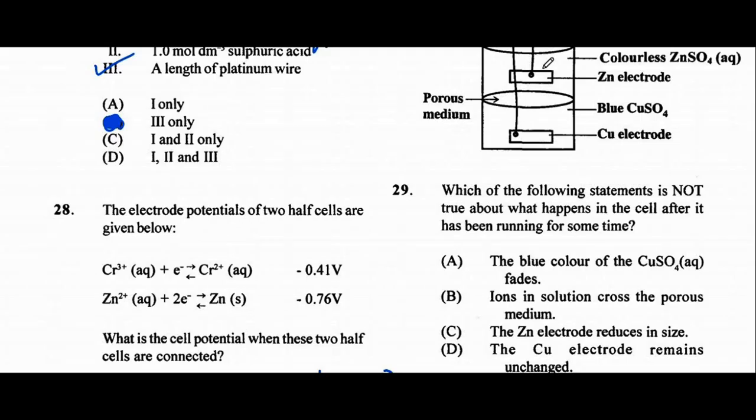Yes, the zinc electrode reduces in size because it's oxidized, and D, the copper electrode remains unchanged. 29 is D, that's not true. The copper electrode will not remain unchanged. Probably gets fatter.